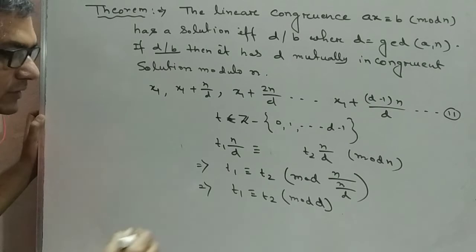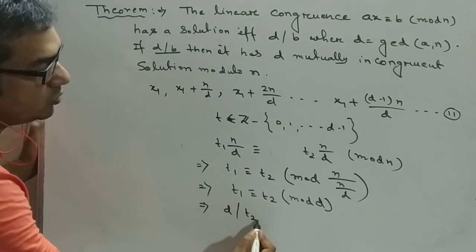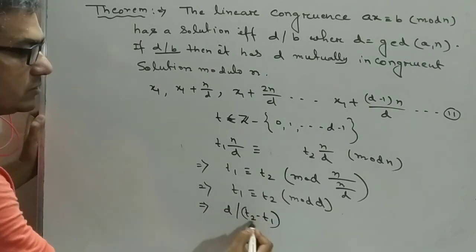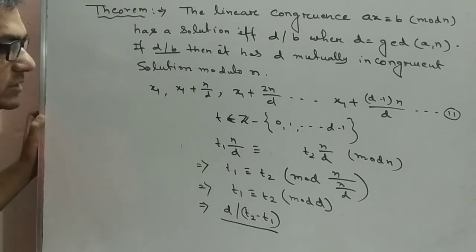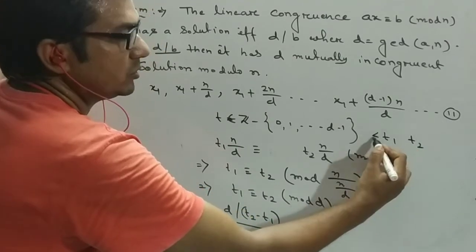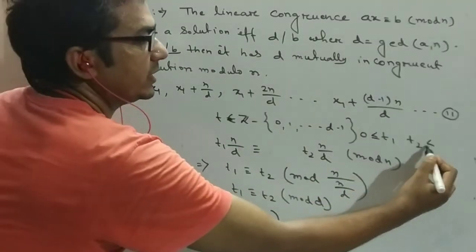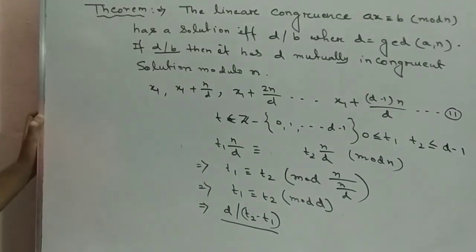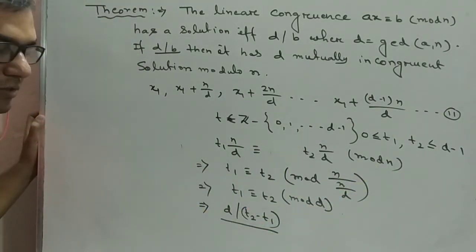That implies d divides t2 minus t1, but this is impossible since t1 and t2 are both greater than or equal to 0 and less than or equal to d minus 1. So this is impossible.